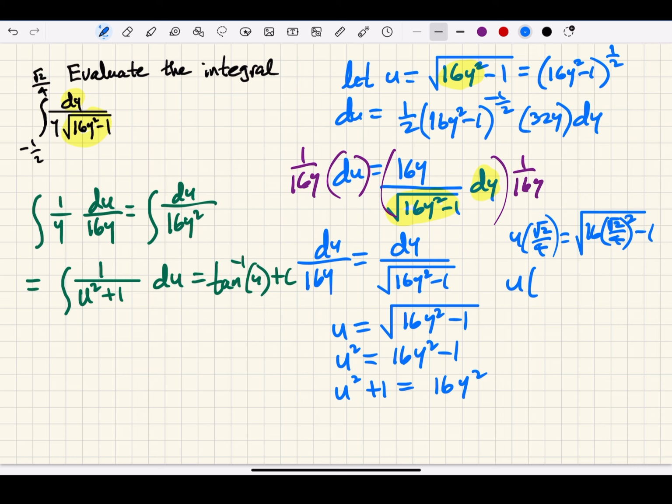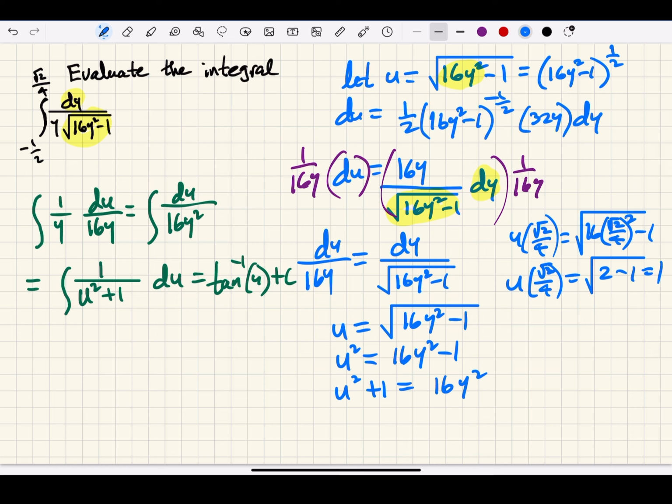So u of the square root of 2 over 4, then this square root of 2 over 4 squared is going to convert to 2 over 16. So I just wind up with the square root of 2 minus 1, or in other words, just 1.